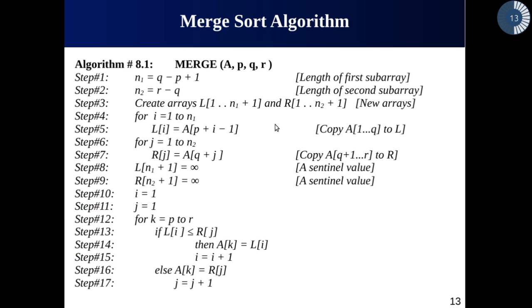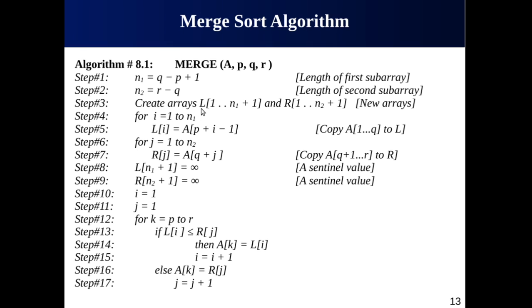this merge procedure actually works as follows. First, we need to compute the length of the first sub array, and then the length of the second sub array in line number 1 and line number 2. And then we have to create these two sub arrays.